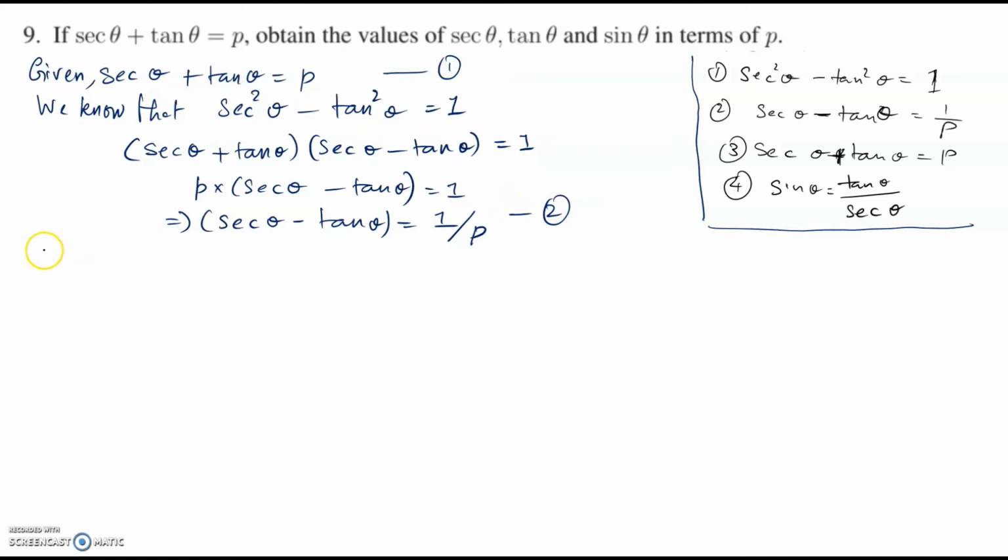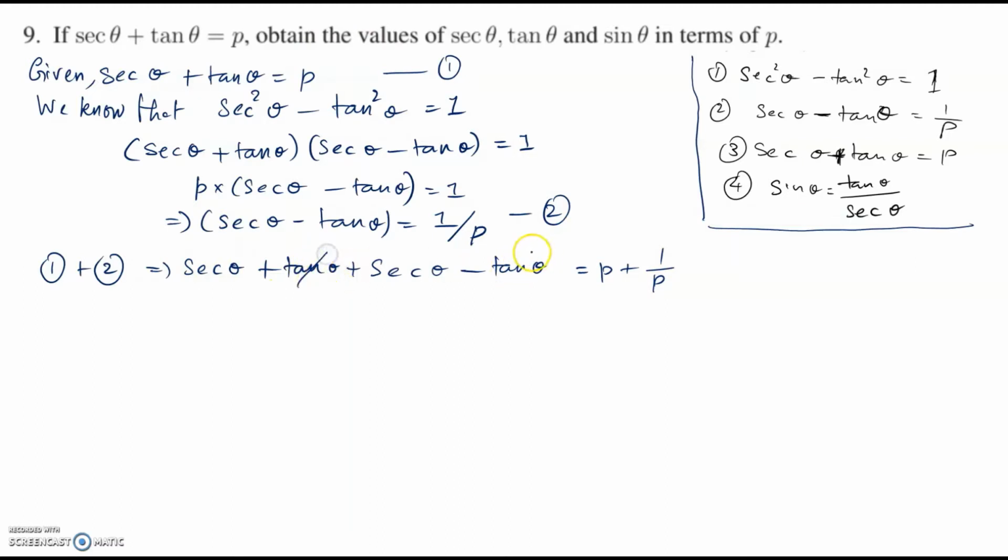So if you're going to add 1 and 2, 1 plus 2, you get secant theta plus tan theta on the left hand side, and putting the left hand side of 2, you get plus secant theta minus tan theta is equal to P plus 1 by P. Here we can cancel out the tan theta and minus tan theta, so you get 2 secant theta is equal to, if you take P as the common denominator, P squared plus 1.